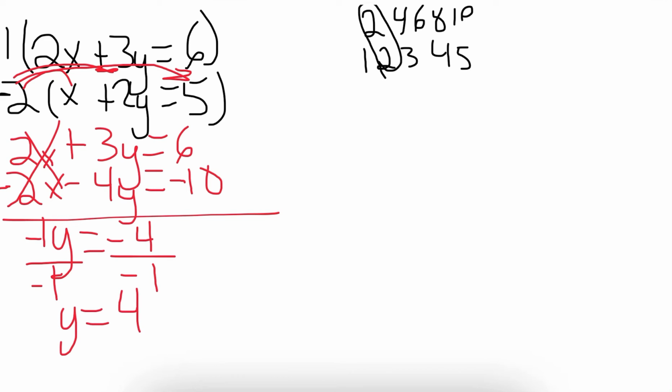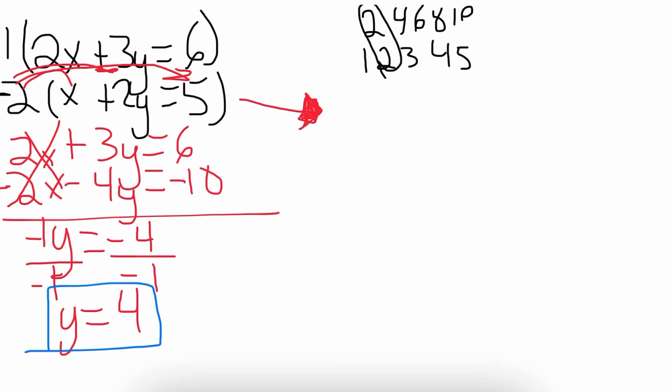So now I have my first variable. And now I can just plug this back in to any of my equations to find x. So let's go back up here, and I'm just going to bring this equation across. And as I bring it across, go ahead and change over that variable.